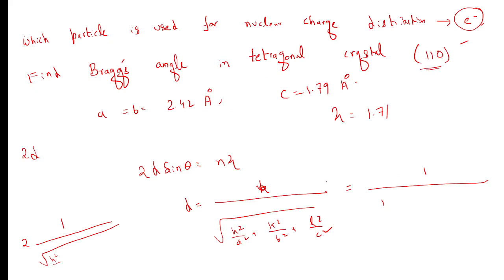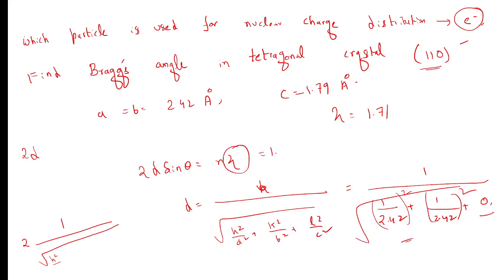These are the Miller indices provided in the question. So you just put the values and see. And L is 0, so we don't need to bother about it. Just find the value, put the value of lambda. You can easily find the angle by using your calculator.